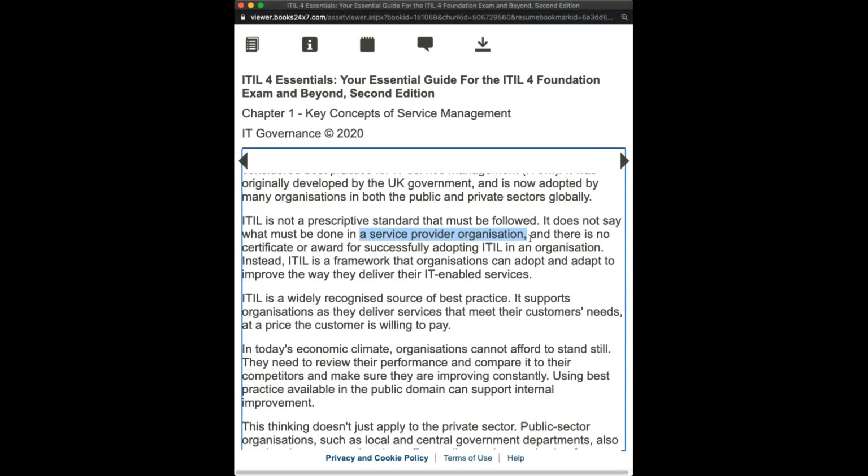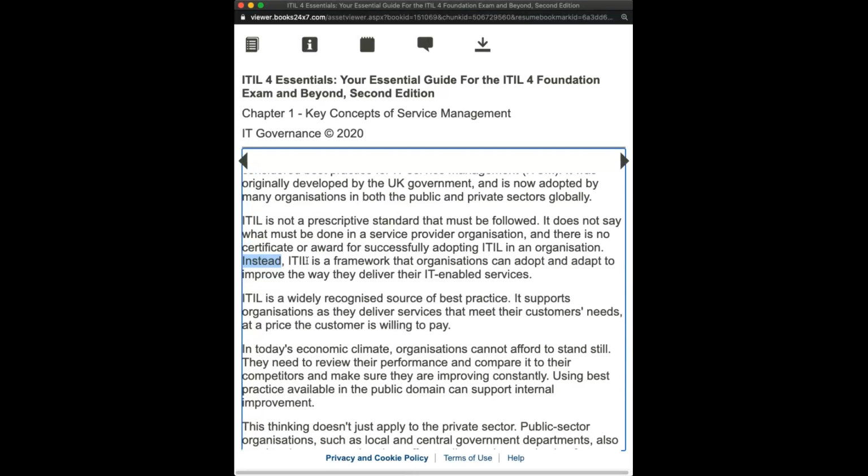There is no certificate or award for successfully adopting ITIL in an organization. The reason is everyone is expected to follow the ITIL standard, so they're not really required to be awarded or certified.